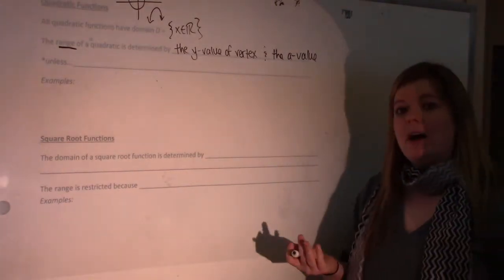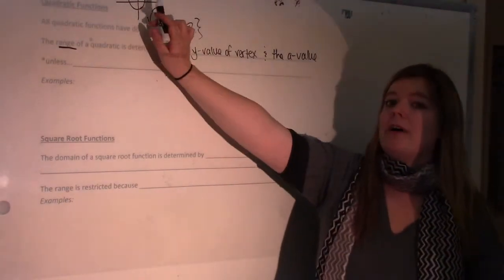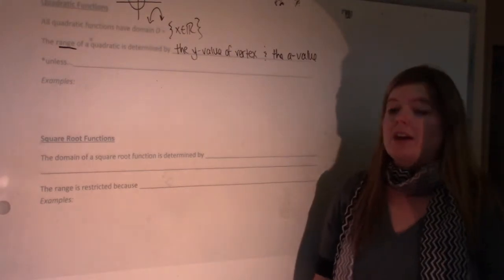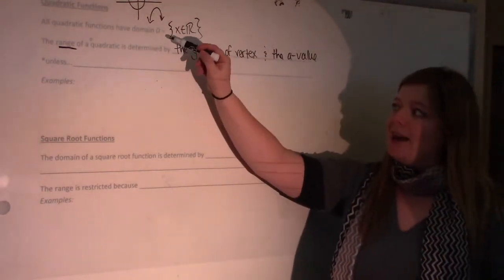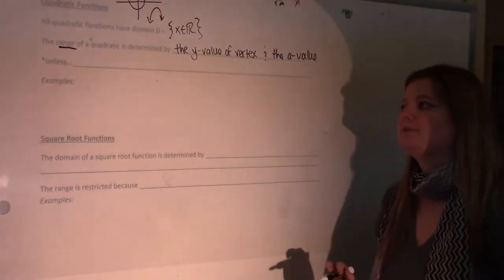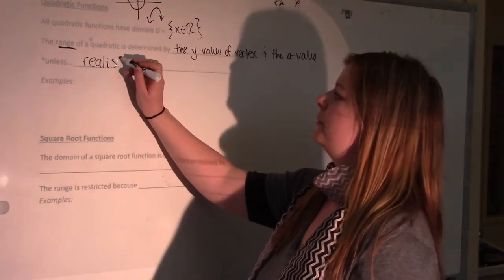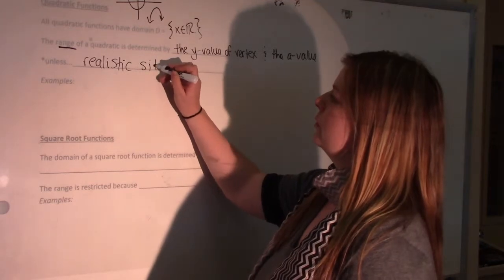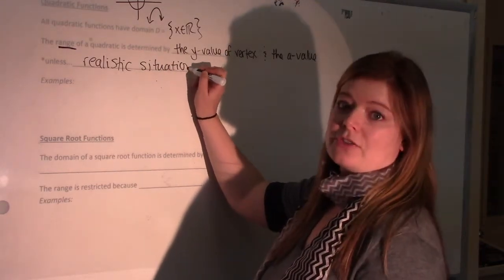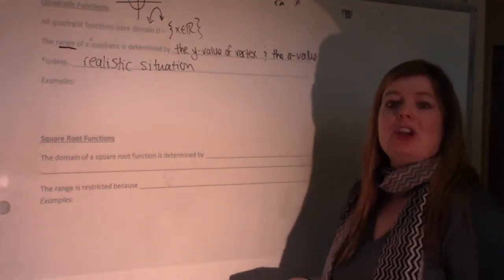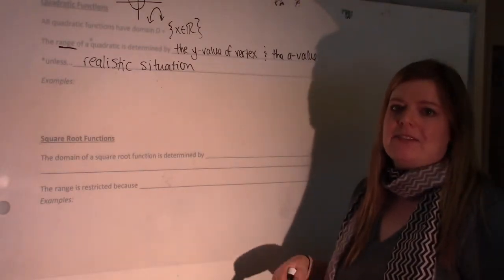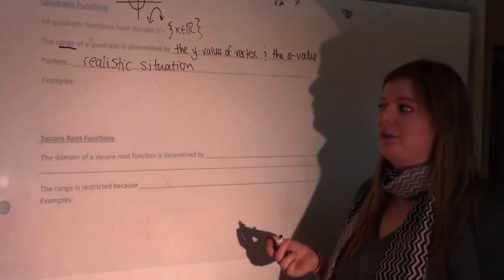So if the a value is positive, it opens up and it's all above the y value. If the a value is negative, the parabola opens down and it's all below that y value. Okay? Again, unless it's a realistic situation. Then you would have to restrict domain and range depending on height versus time. Time has to be positive, things like that. You'd have to think that through.